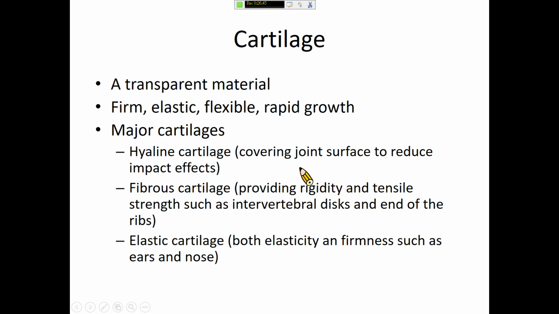And sometimes they break. And this part is the fastest growing body tissue within our body. The fastest growing tissue.